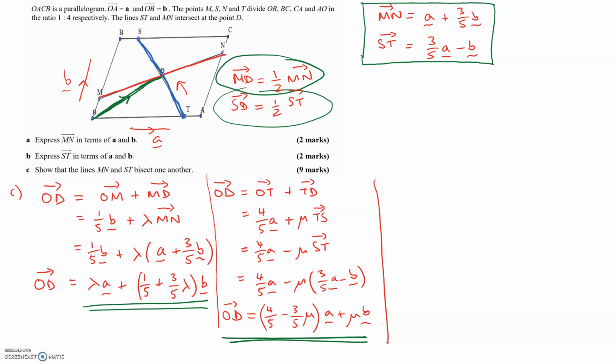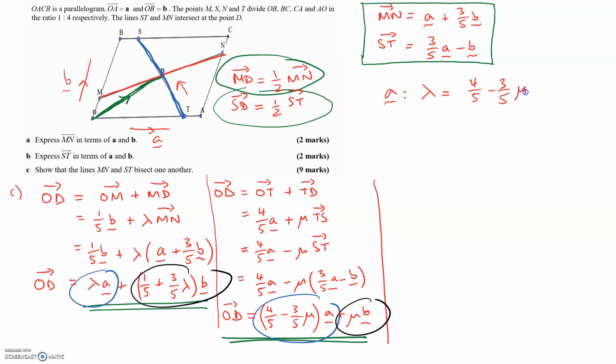And what we're going to do is look at equating the A parts, so this with this, and equating the B parts as well, which would be that and that. So let's look at equating the A's. On the left side for O to D was just lambda. On the right side we've got 4/5 minus 3/5 mu.